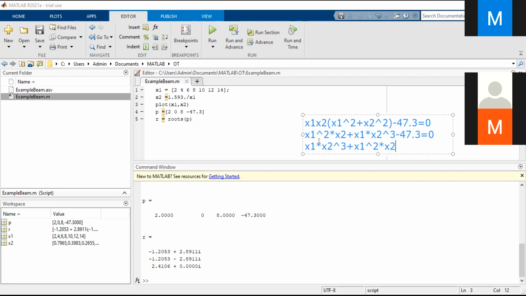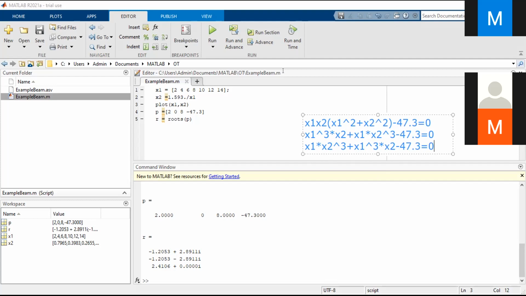Okay, so this term will not be a square, it will be cube. That is the mistake I am talking about. So here it will be x1 cube. Are you able to get this equation, or should I write it in a simple way? Are you getting this equation?